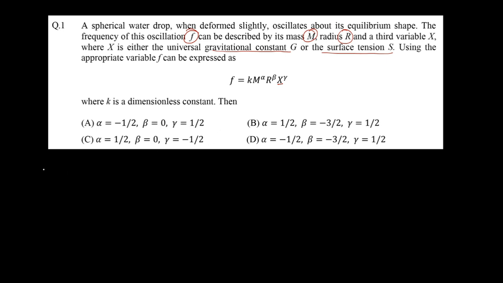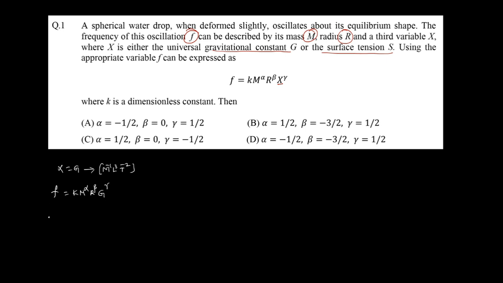First I'm taking x is equal to the gravitational constant G. The dimensions of G will be M power minus 1, L power 3, T power minus 2. This is the dimension formula for the gravitational constant, capital G. Now for frequency, they have given the equation: F is equal to K into M power alpha, r power beta, and I am taking x as G power gamma.